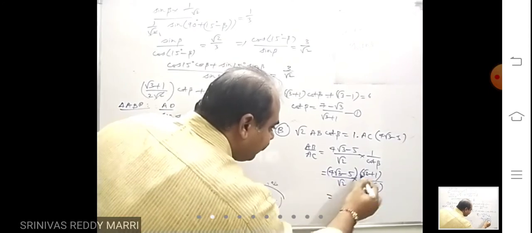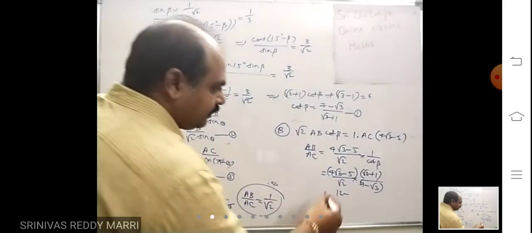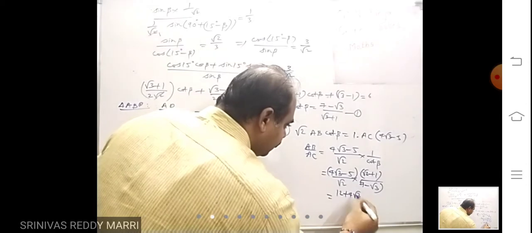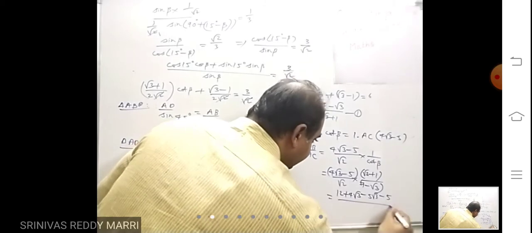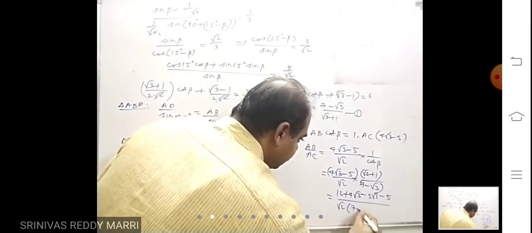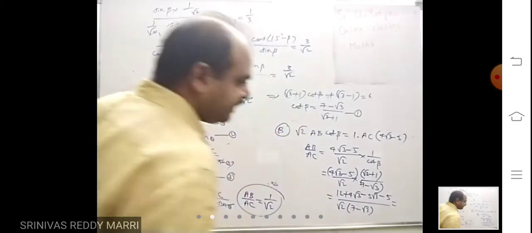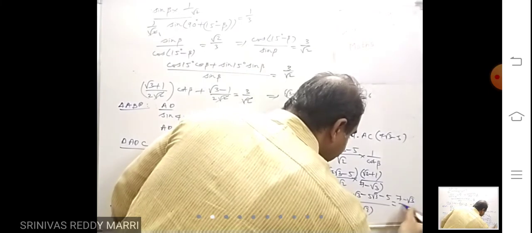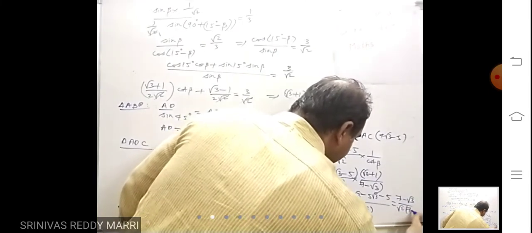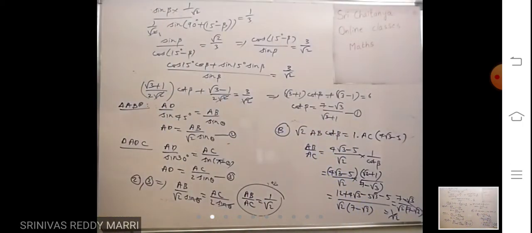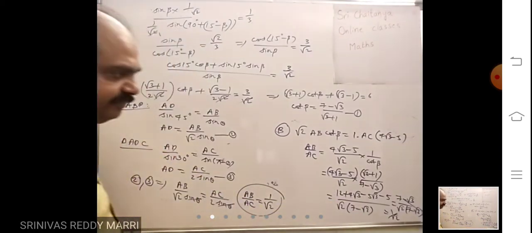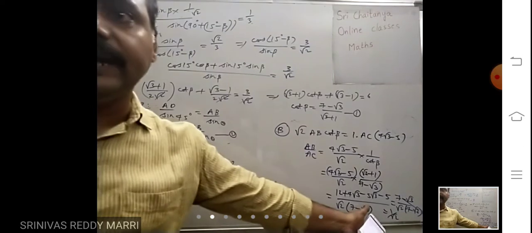Now multiply this 4 into 3, what is it? 12 plus 4 root 3 minus 5 root 3 minus 5, divided by root 2 into this. If you look here, 12 minus 5 is 7 minus root 3, divided by root 2. So that is 1 by root 2. This is the same as what you got here. AB by AC is 1 by root 2. That only indirectly is given there.